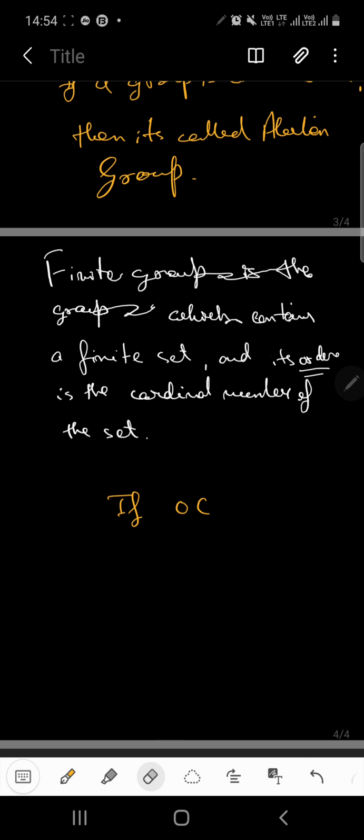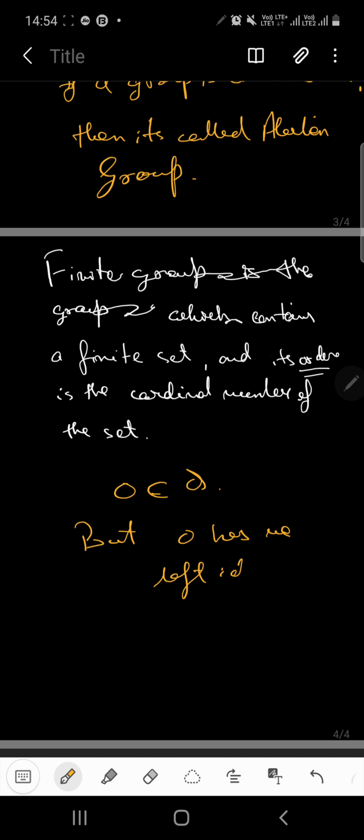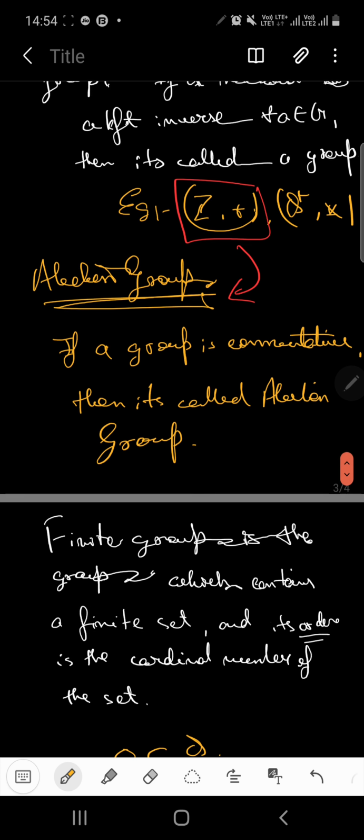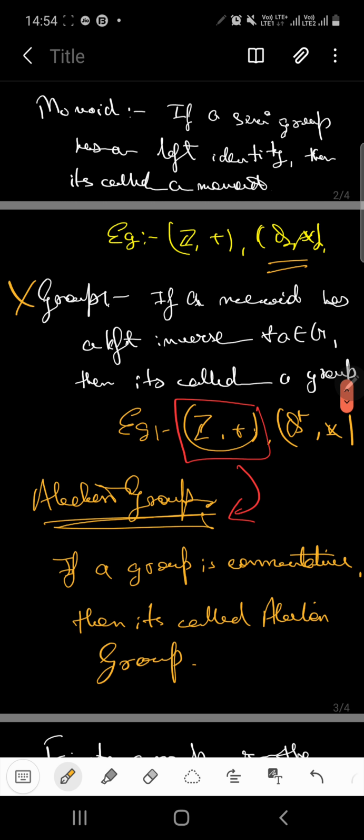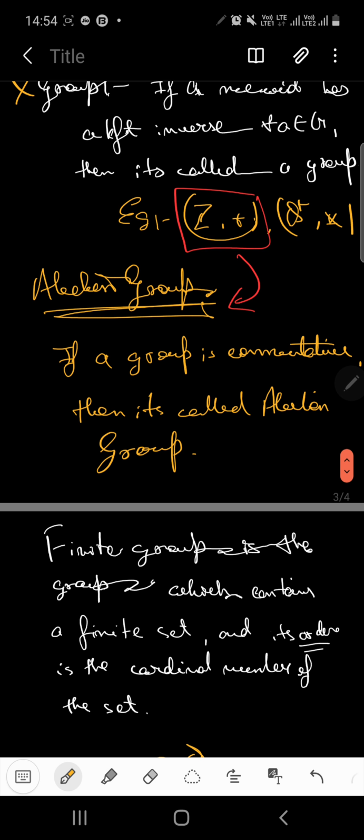See, we know 0 is also a rational number, but 0 has no left inverse. That means this condition becomes false for the element 0. That's why we cannot take a set which contains 0.